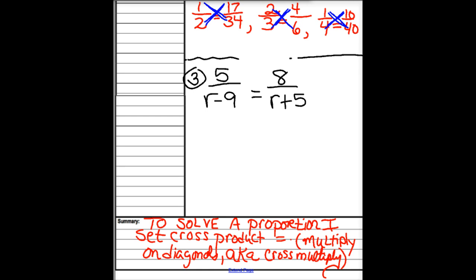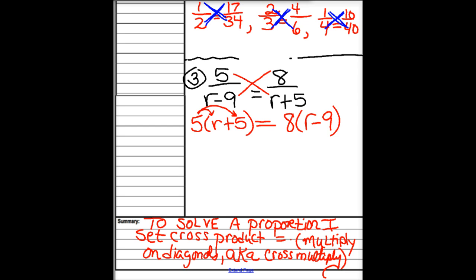All right, so let's go do that. I say that 5 times r plus 5, and it needs to get locked and loaded in a set of parentheses, has to be identical to the other diagonal, which is 8 times r minus 9. In order for me to solve that, I need to get that r out of the parentheses, so I do my hippity-hoppity distributive property.